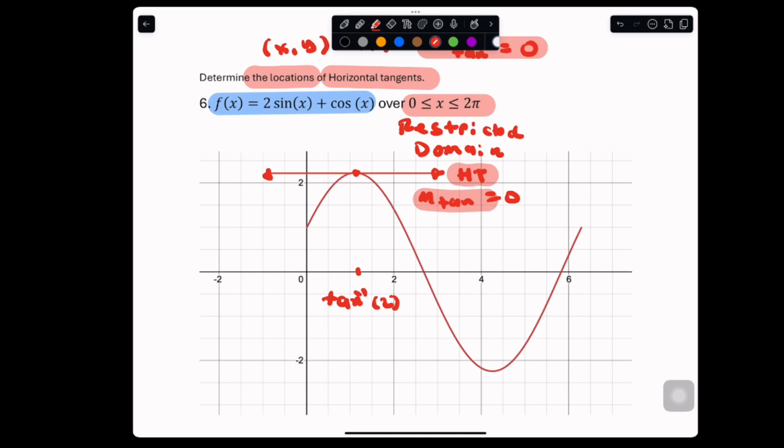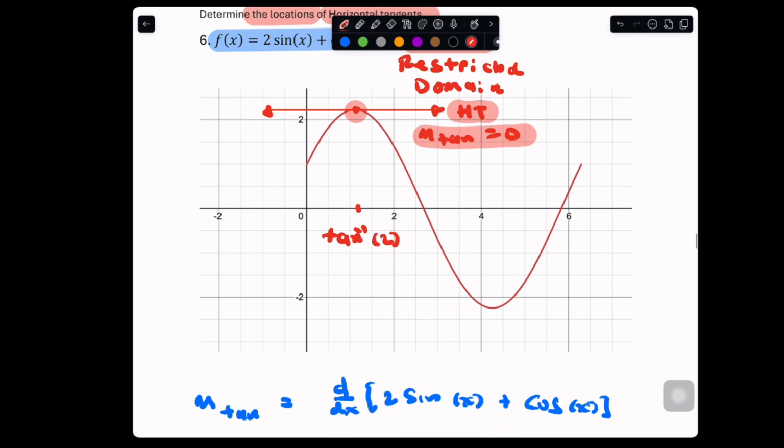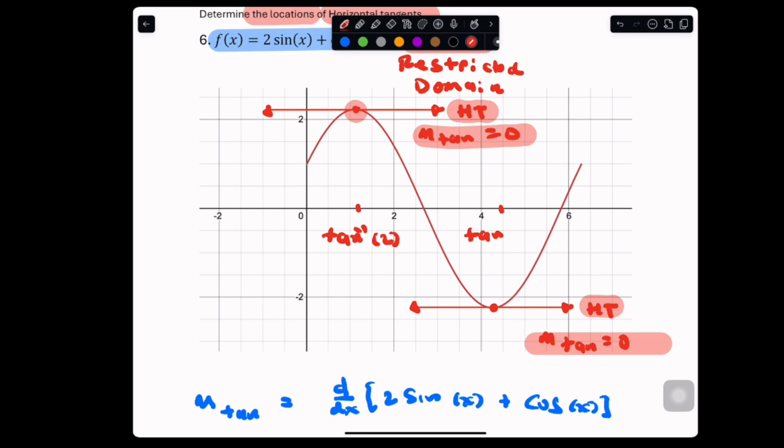So just looking at the graph, I can say there is one point, and then down over here there is another location where you have a horizontal tangent, and that slope is 0 here. I did want to go through that and show you guys those pictures today. And that happens over here at the inverse tangent of 2 plus pi. Those are the two solutions.